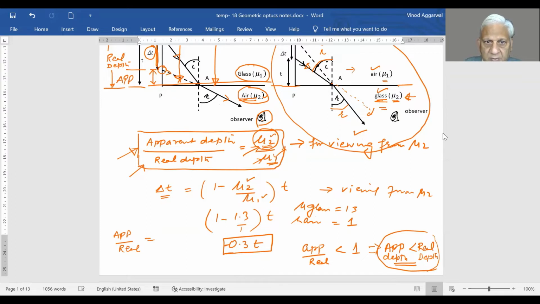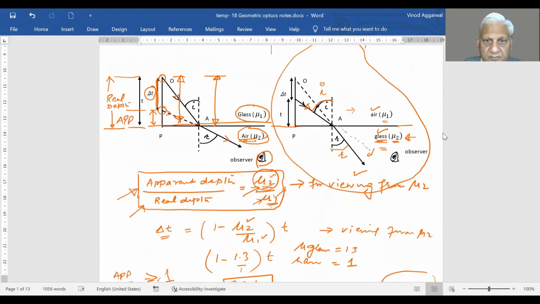Then mu2 is greater than mu1, so this is going to be greater than 1, which means apparent depth is greater than real depth.